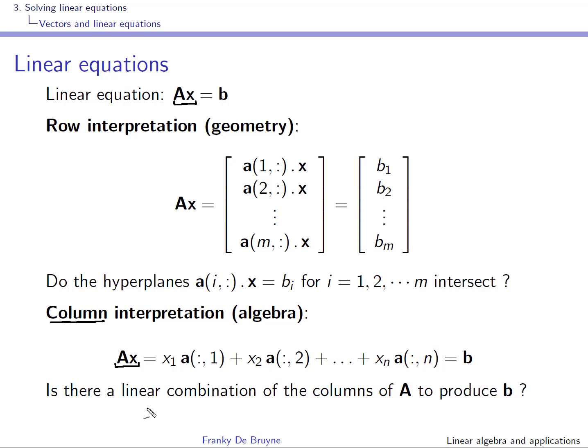The solution X comes in the form of the parameters that will have to be used in the linear combination to produce B.